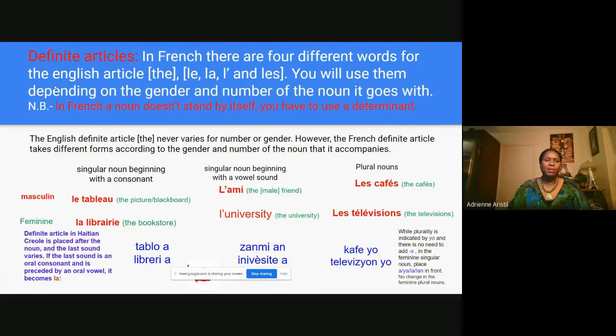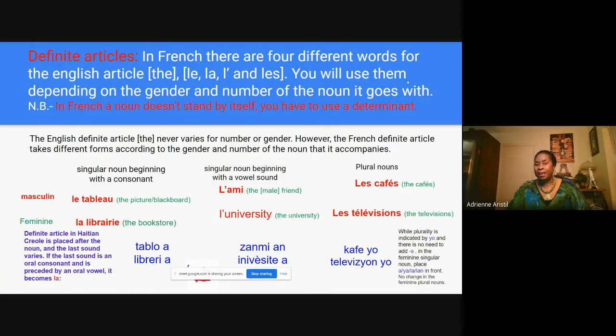We are going to be talking about definite articles now. In French, there are 4 different words for the English article the: le, la, l'apostrophe, and les.